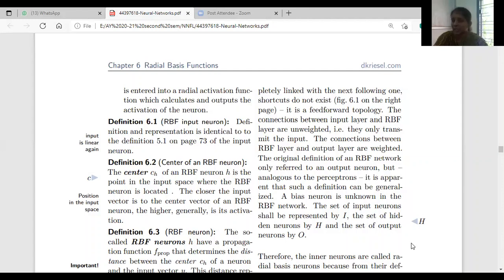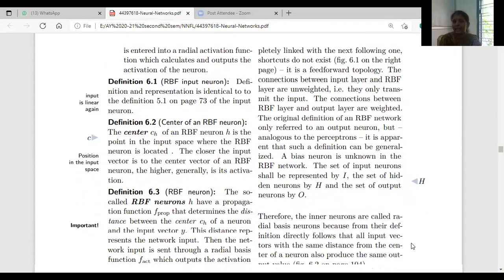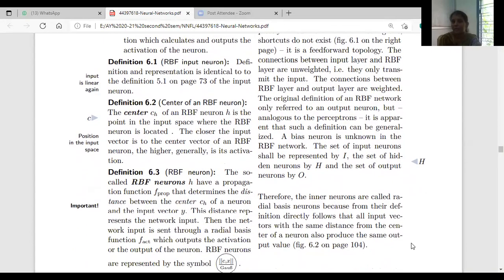The closer the input vector is to the center vector of the RBF neuron, the higher is its activation. So that is indicating the center of the RBF neuron.